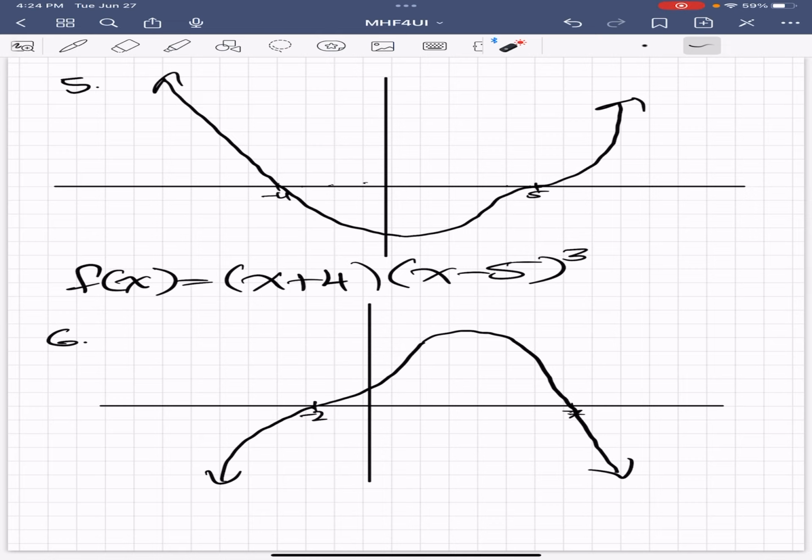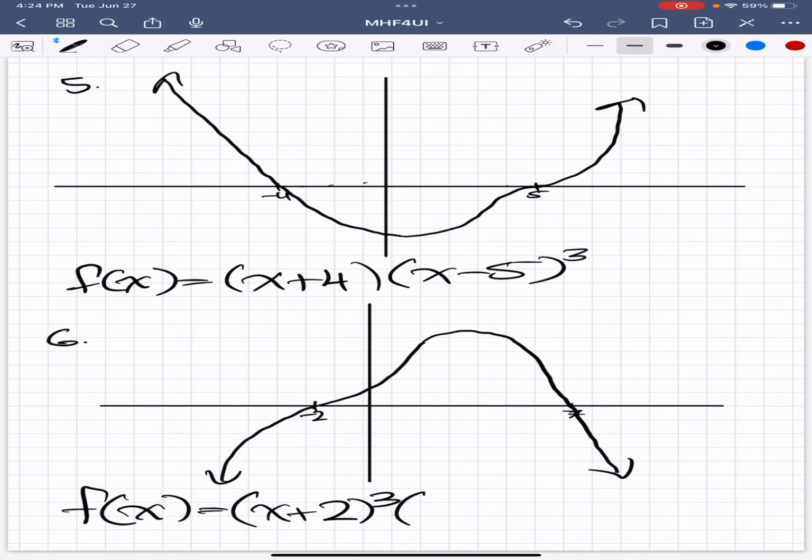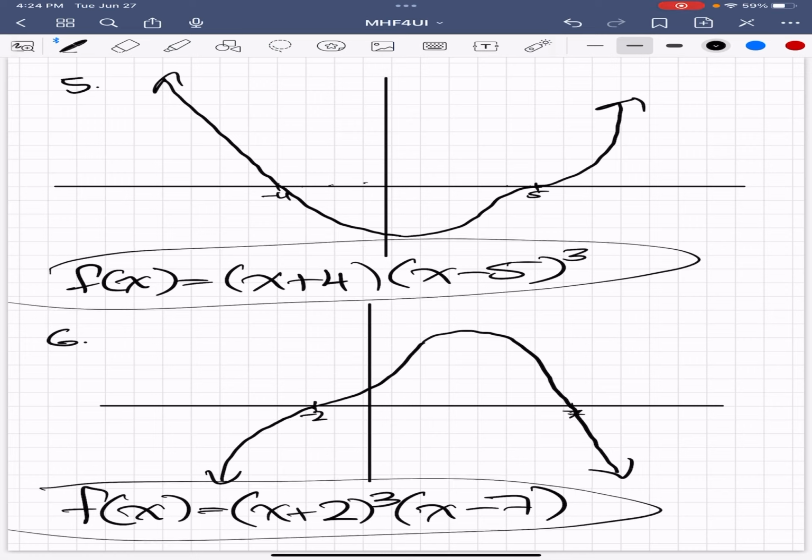Just to let you know. Hopefully you're used to it by now. And there's your answer. F of x equals x plus 2 to the power of 3, or order of 3, and x minus 7. That's our equation for number 6.